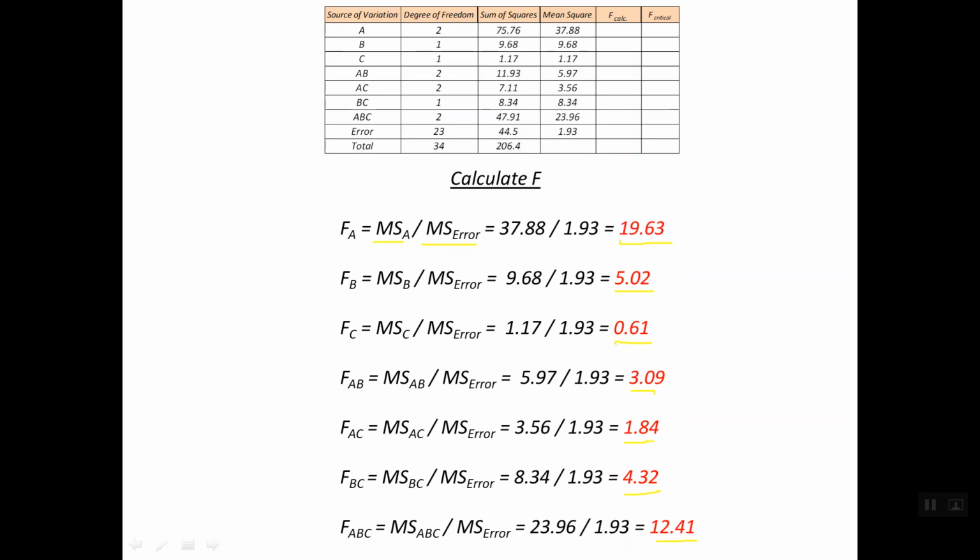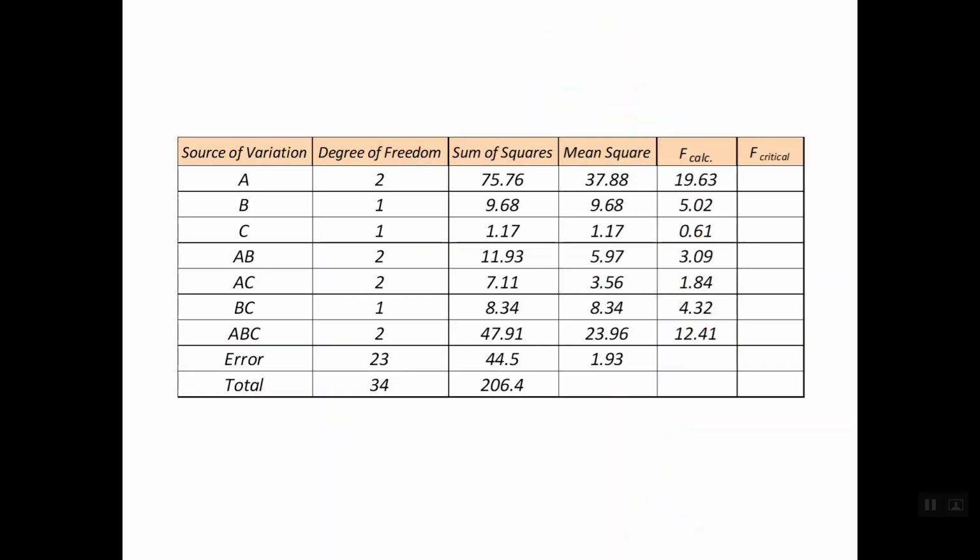Notice that the larger the value of F, the higher the chance to reject the null hypothesis. So we fill the value of the calculated F inside the three-way ANOVA table.